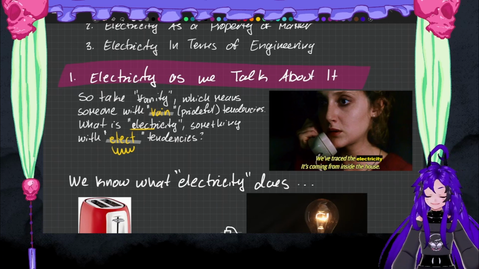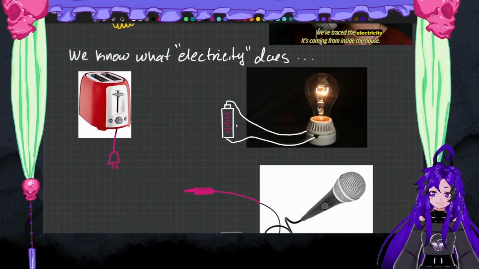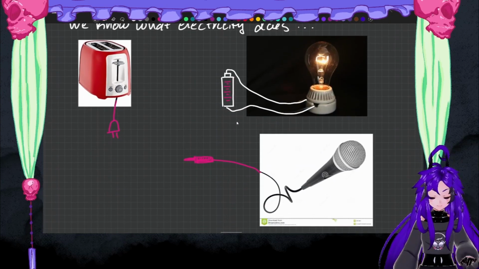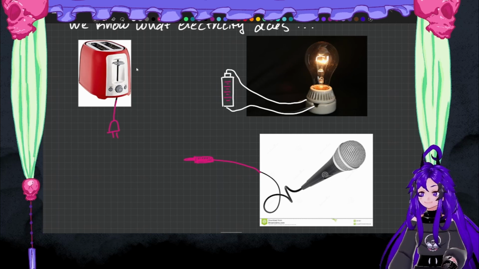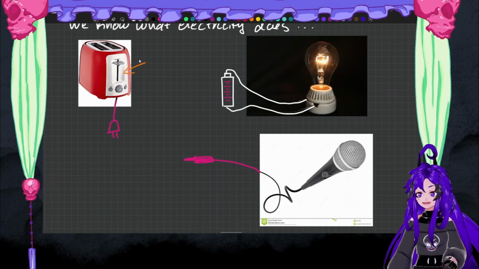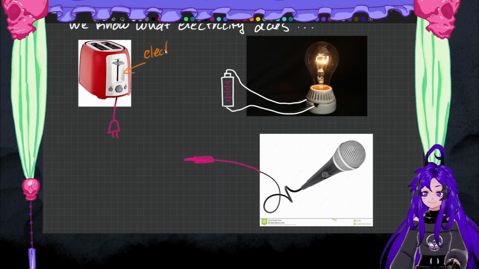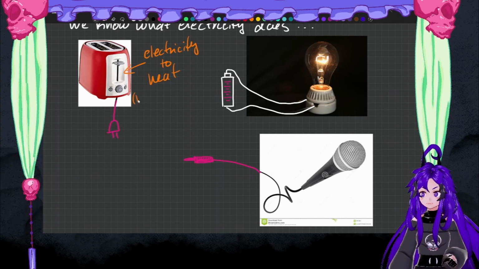Let's figure that out. So we know what electricity does, right? In a toaster, electricity converts to heat, right? Or, it converts bread to toast.